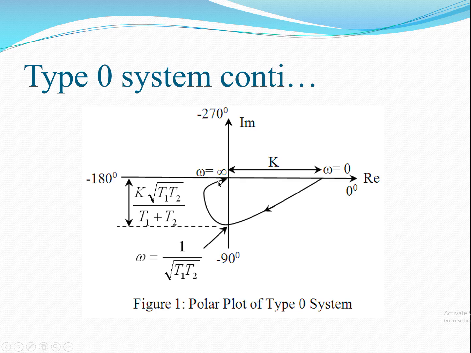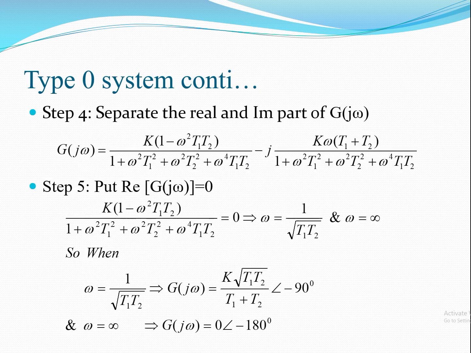So now the next step is what? It is touching the imaginary axis. If it is touching the imaginary axis, which frequency is it touching at? That we have calculated. It is omega is equal to under root of t1 t2. But what will be the value? Magnitude is k under root t1 t2 divided by t1 plus t2, and the angle is minus 90 degree.